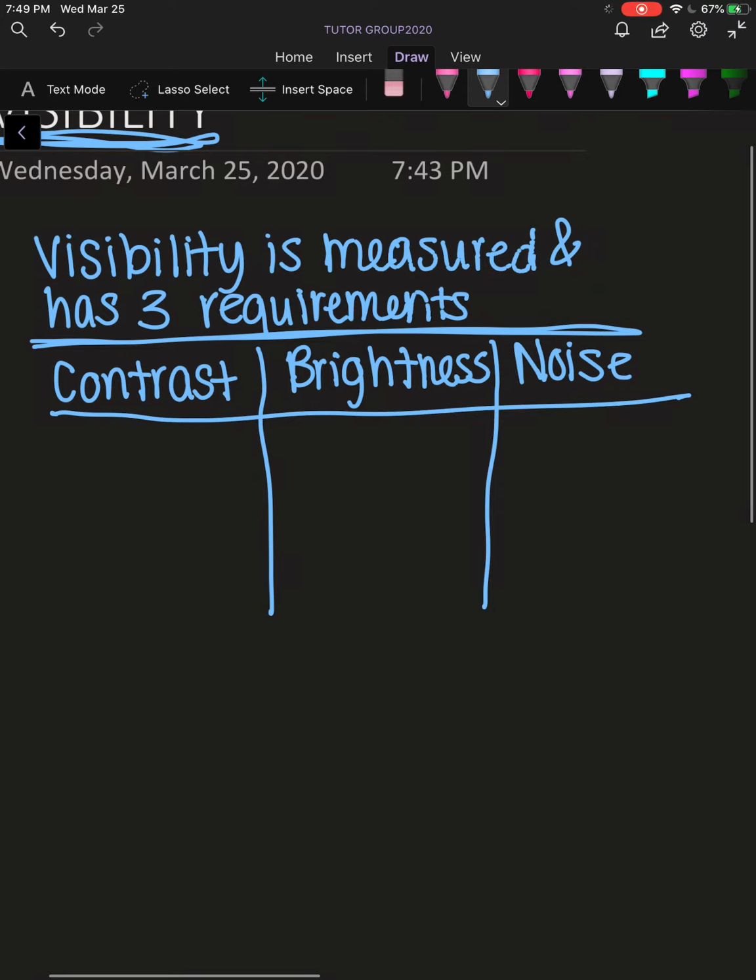Now, the reason I separated these out is so that you could understand a little bit better, because I'm going to tell you the 3 requirements that pertain to each one of these.